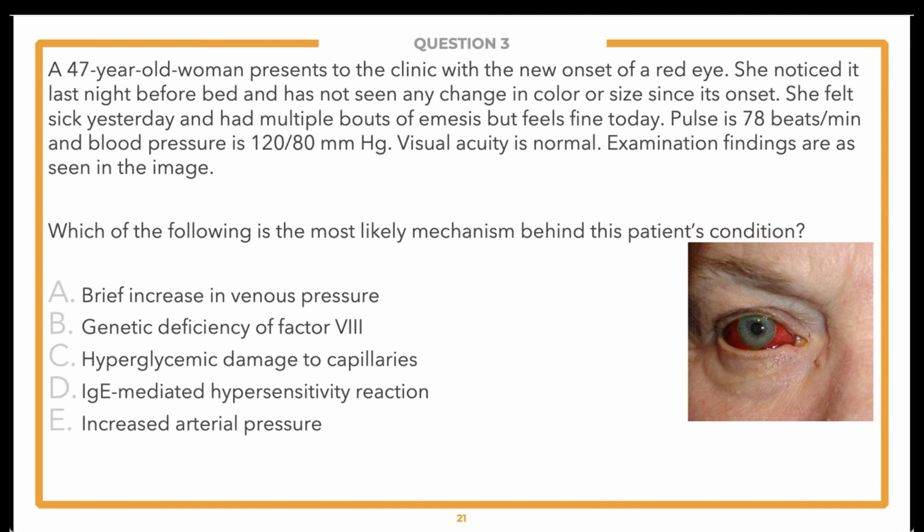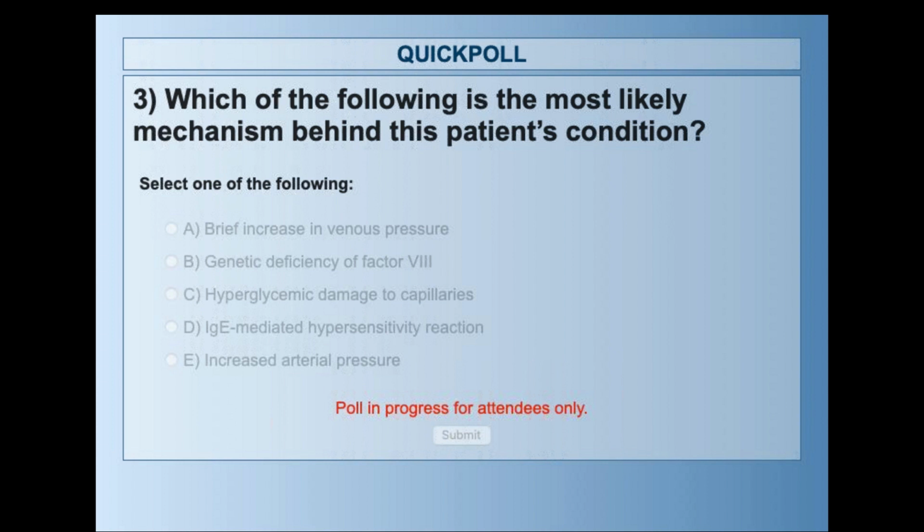So I'm going to launch the poll, and I want you to let us know which of those mechanisms is the most likely mechanism behind this patient's condition.